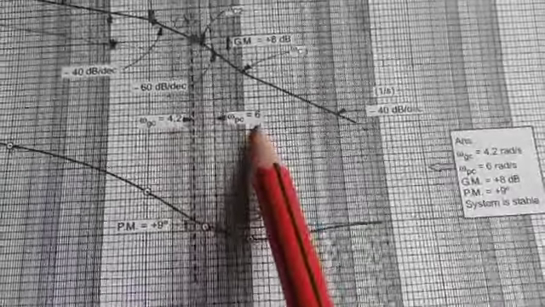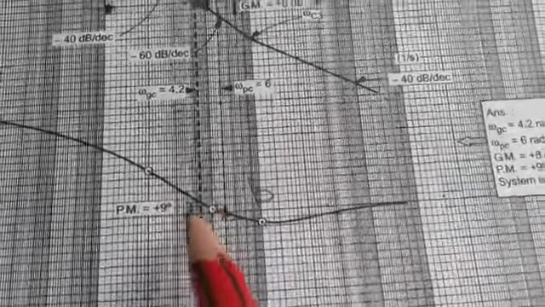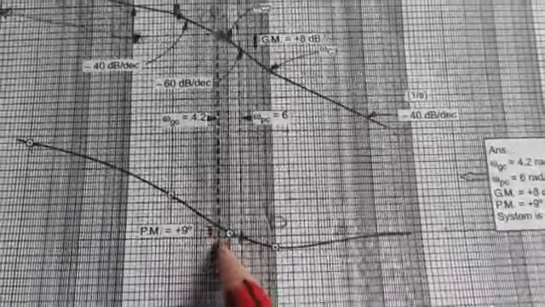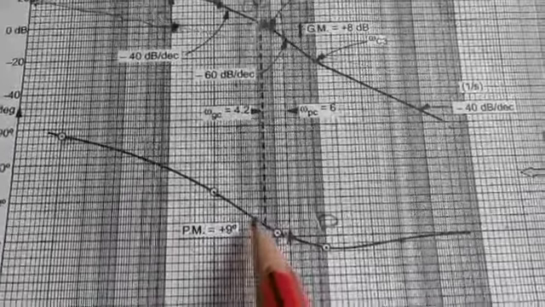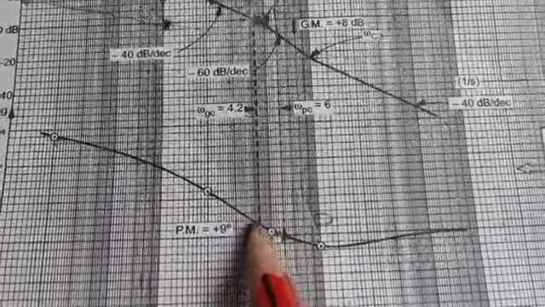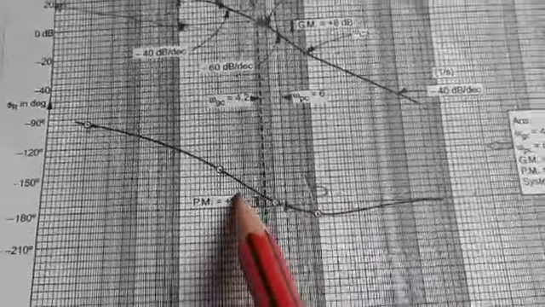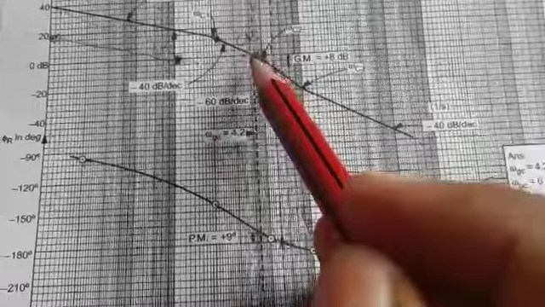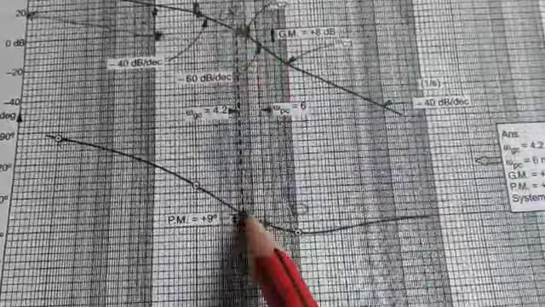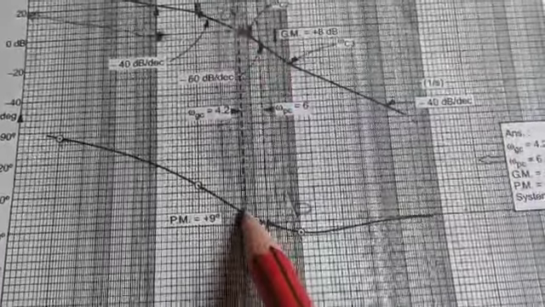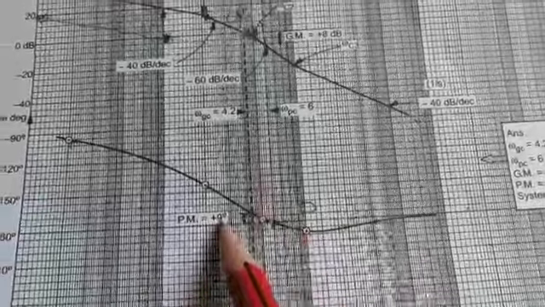After marking omega GC and omega PC, now we should find out GM and PM. How to find out GM and PM? You can see here the 180 degree line and this point. This we call PM, plus 9 degrees. This straight line from here to here is PM.